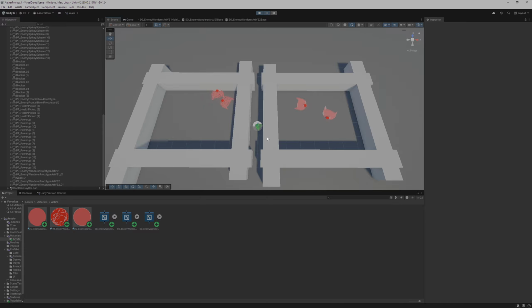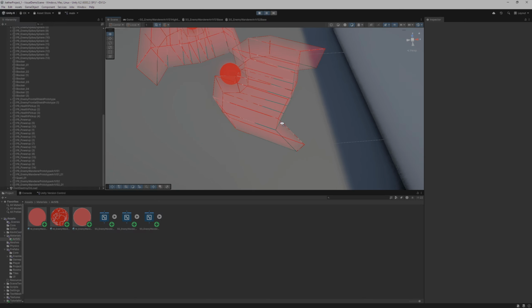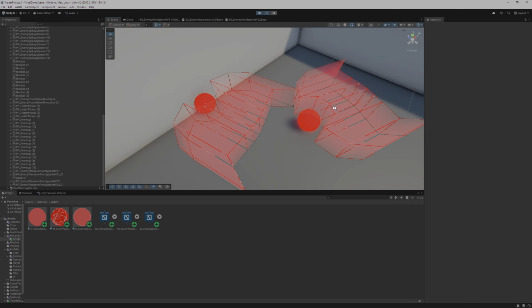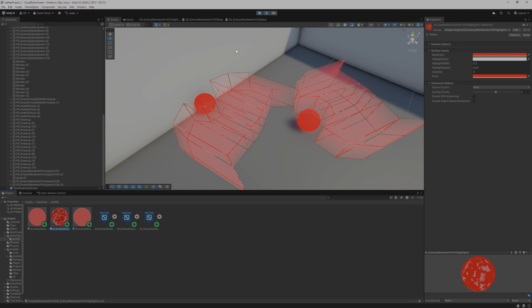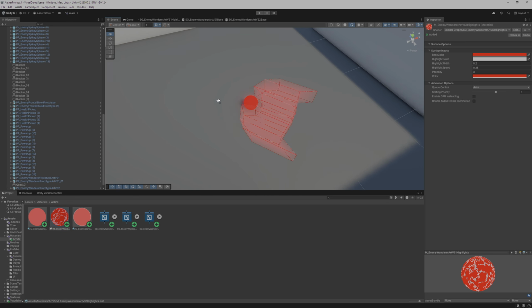So, the outlines. The outlines up close are okay. Like, they're at least passable.